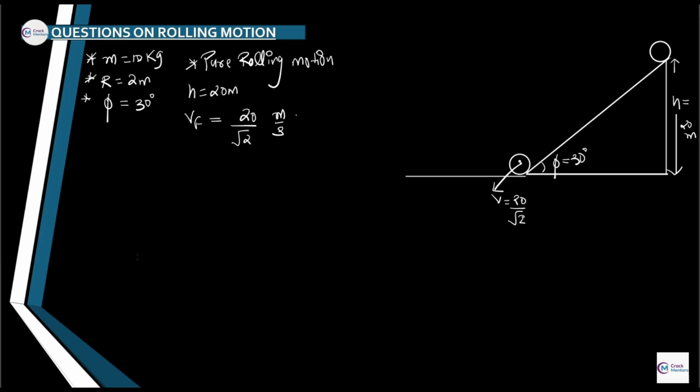Afterwards, when this body collides with this horizontal surface, the velocity direction is shifted to a horizontal motion, and it has velocity 20 upon root 2.